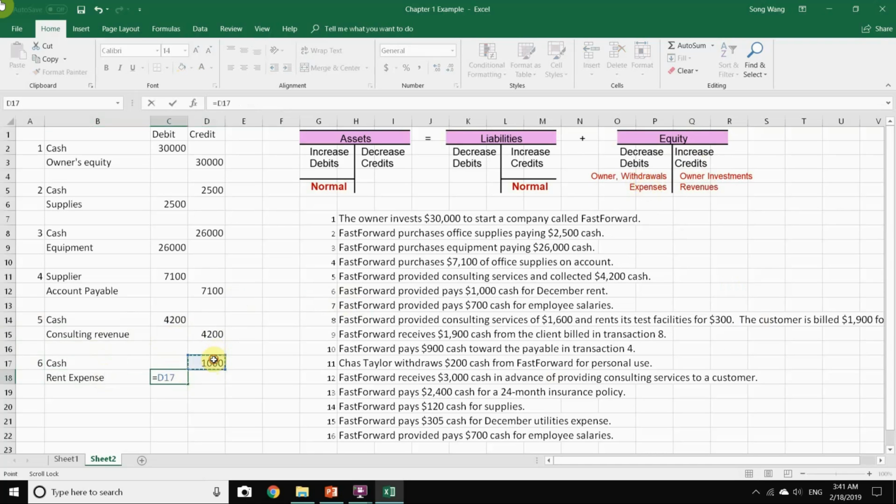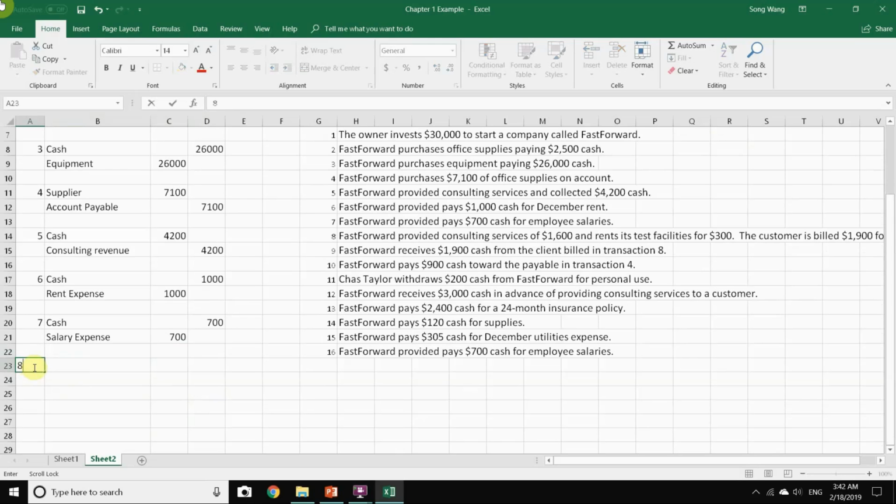So just equal to that 1,000. All right, and number 7, the company provided a $700 cash for employee salary. So cash got reduced, and that's a credit, 700, and an employee salary expense, just like your rent expense, that's a debit. So they two match together.